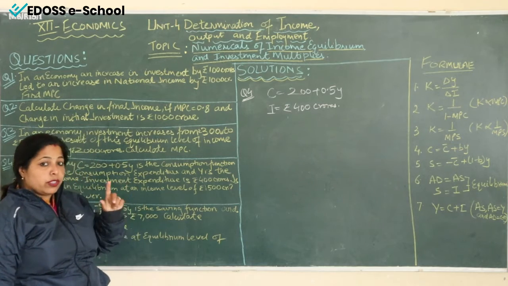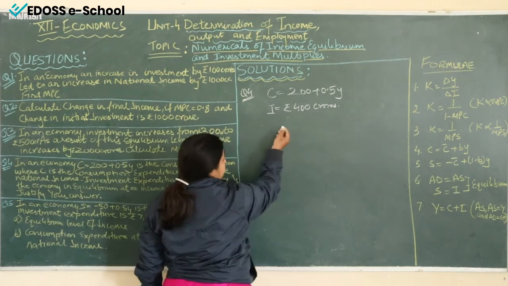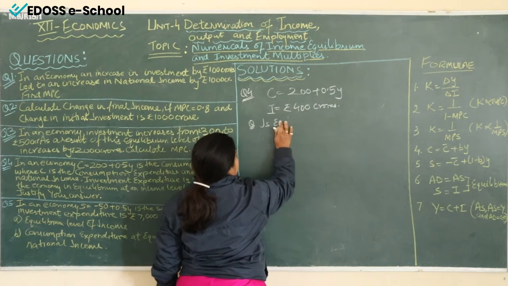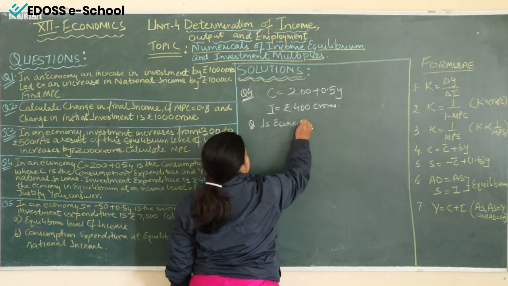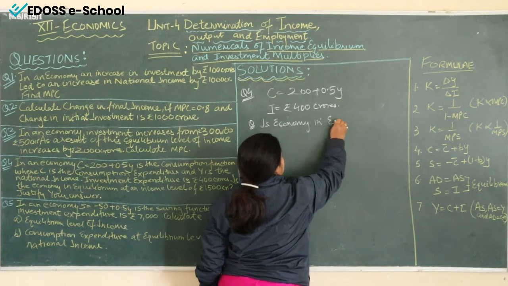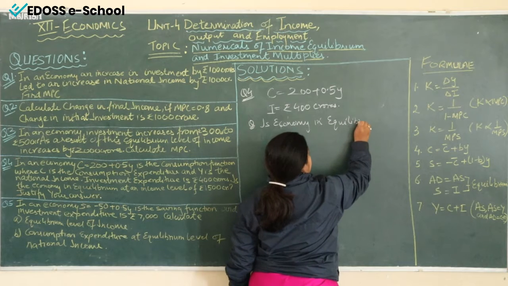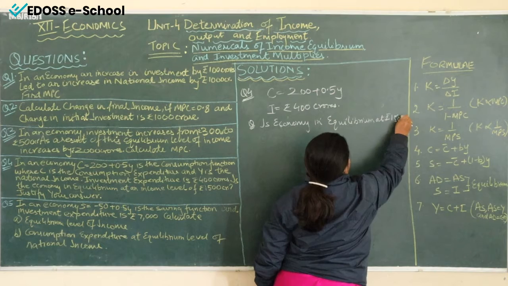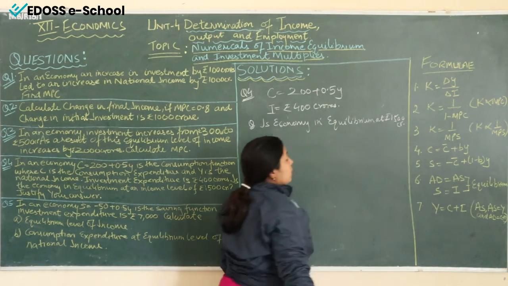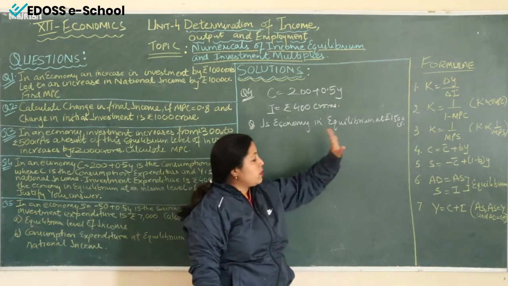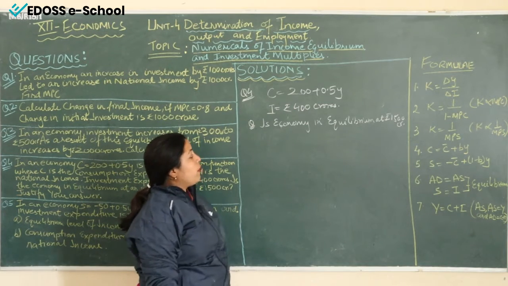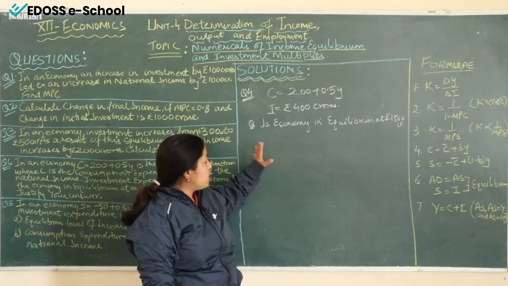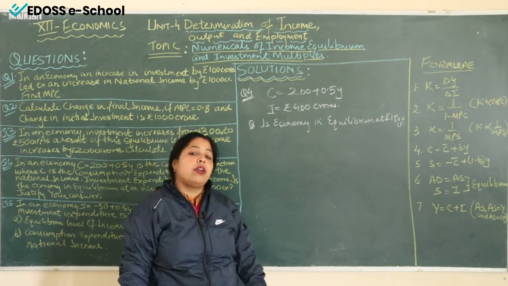So, let us continue with the sum. What we have to do is, question is: is the economy in equilibrium at rupees 1500 crore level, at income level of rupees 1500 crores. So, we have to find out y here. When we will find out y, then only we can tell that economy is in equilibrium or not.